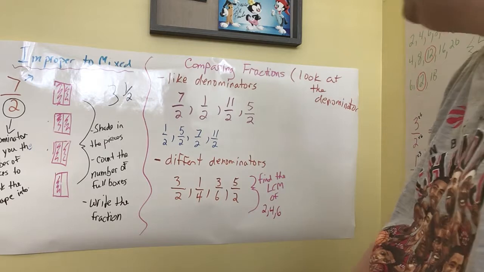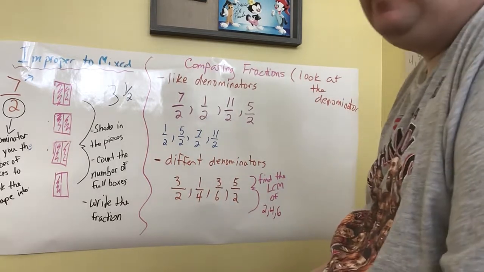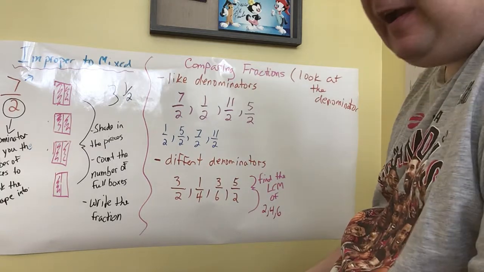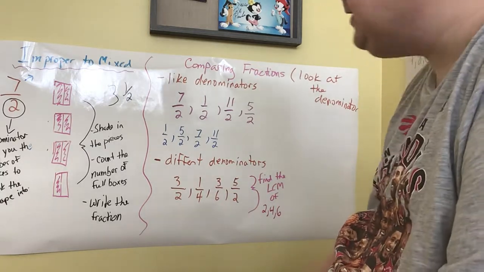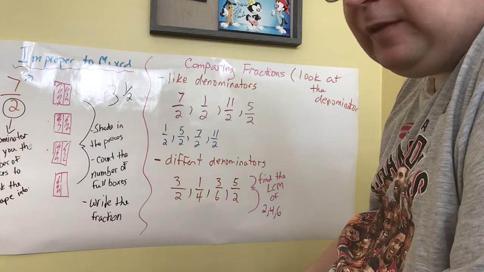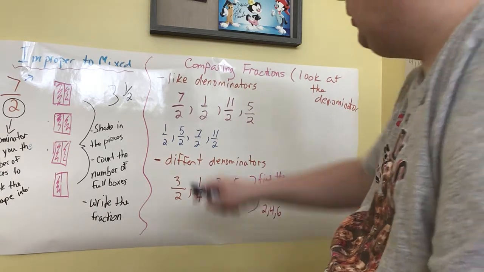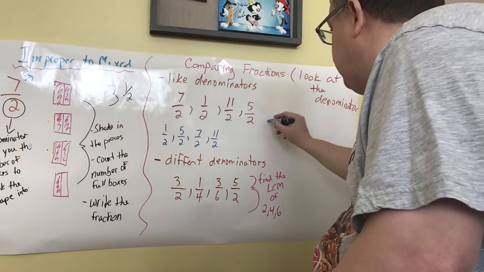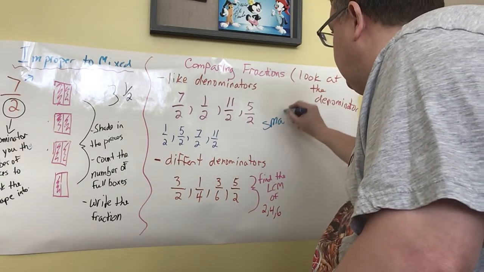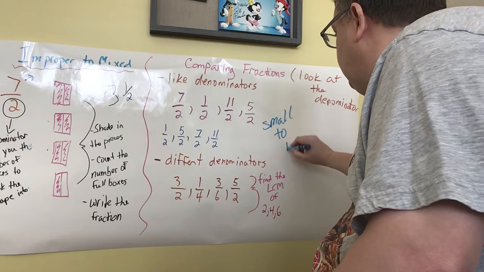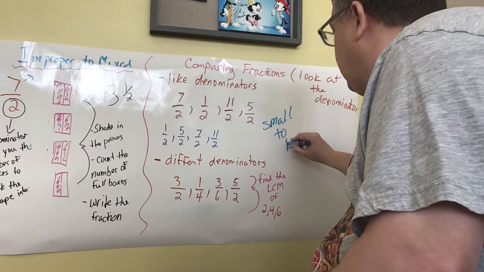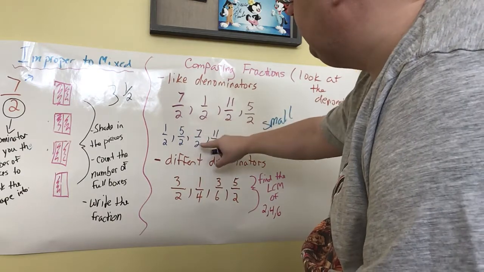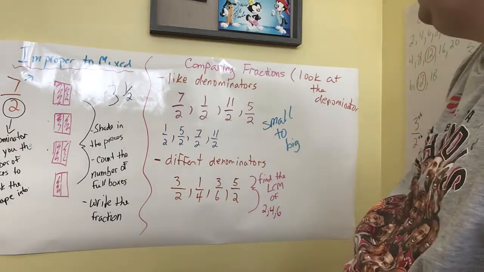And you look at the numerators and we know 1 is smaller than 5, and 5 is smaller than 7, and 7 is smaller than 11. So putting them in order from, in this case, small to big, I'd have 1/2, 5 over 2, 7 over 2, 11 over 2.